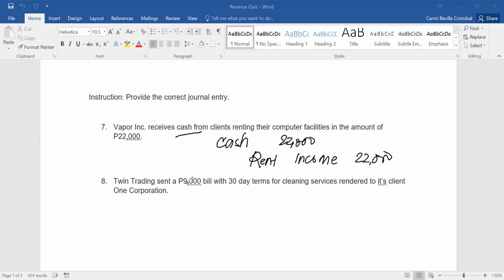Twin Trading sent a 9,000 peso bill with 30-day terms for cleaning services rendered to its client, One Corporation. So, nagpadala ka ng invoice mo, ikaw mismo. So, that means meron kang magiging receivable. Bakit? Kasi hindi pa naman nabayaran in cash. So, that's why your entry would be accounts receivable.